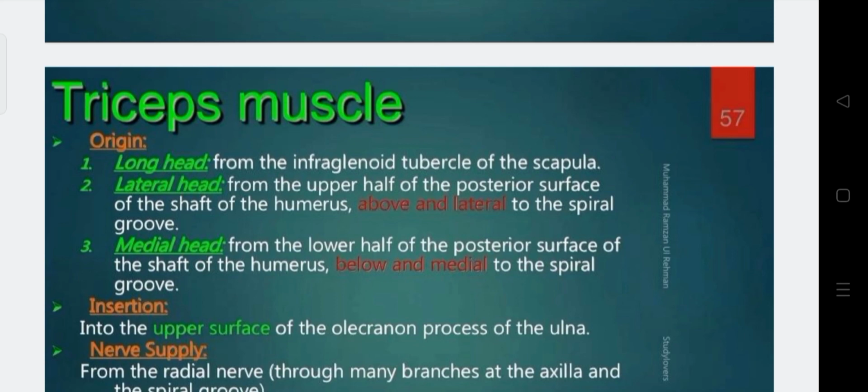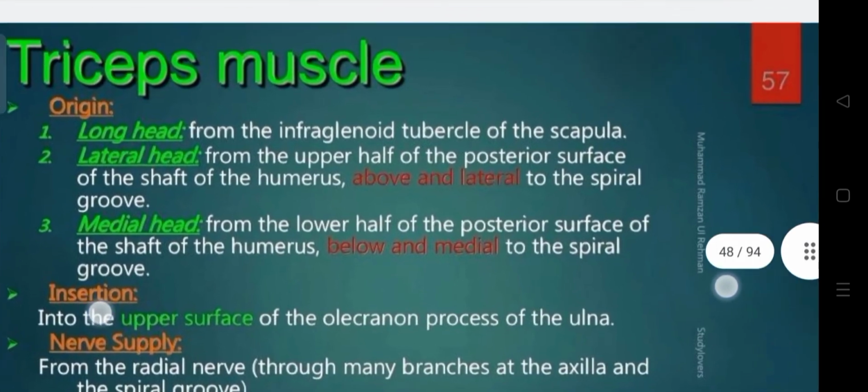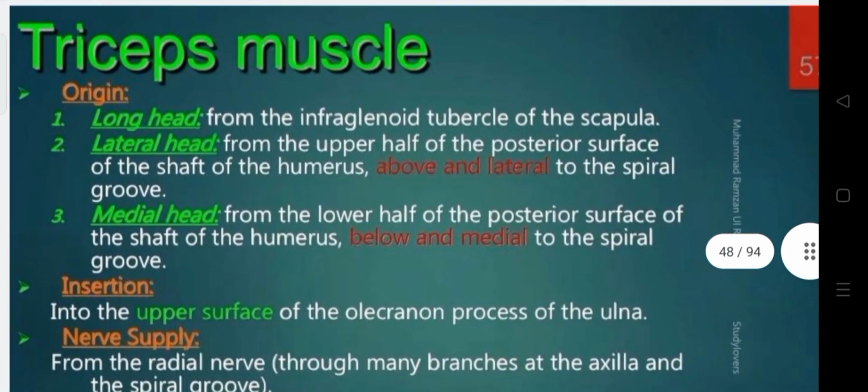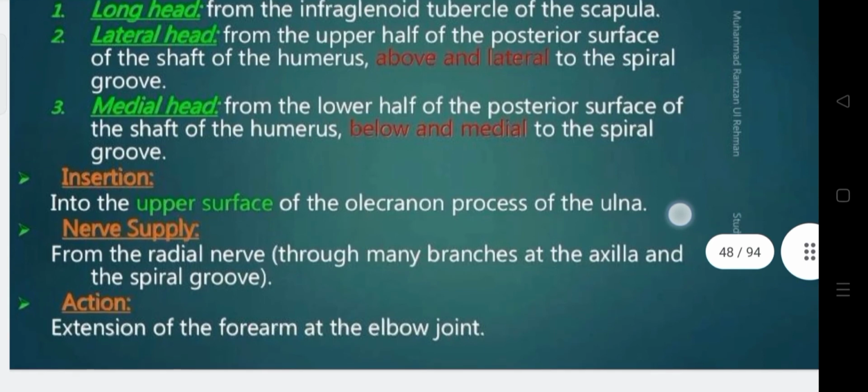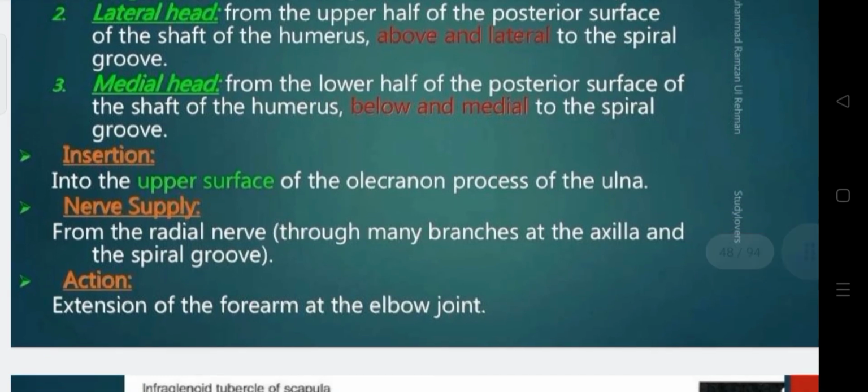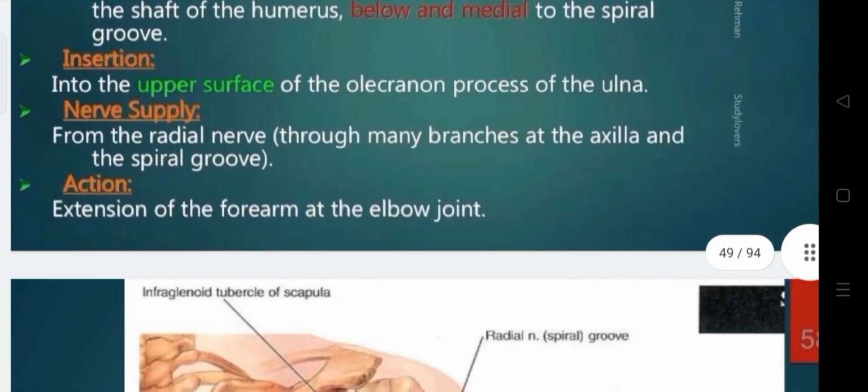The medial head arises from the lower half of the posterior surface of the shaft of the humerus, below and medial to the spiral groove, and it is inserted into the upper surface of the olecranon process of the ulna. Again, because it's the posterior compartment, it's supplied by the radial nerve, and in the posterior compartment there are extensors, so it extends the forearm at the elbow joint.